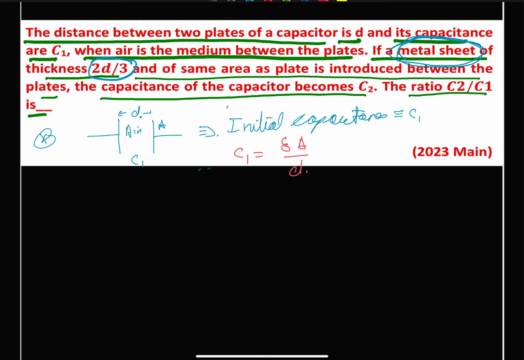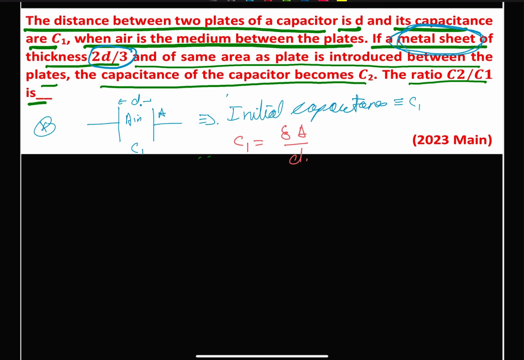Now we are given that the thickness of the metal sheet that is introduced is 2d by 3.